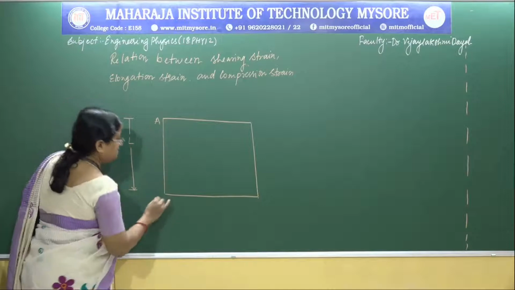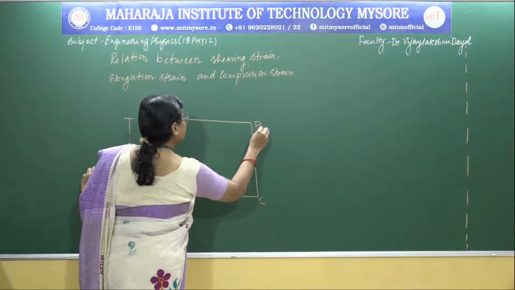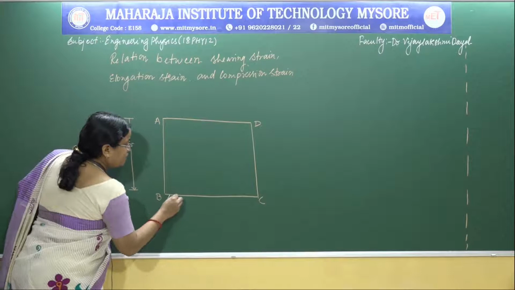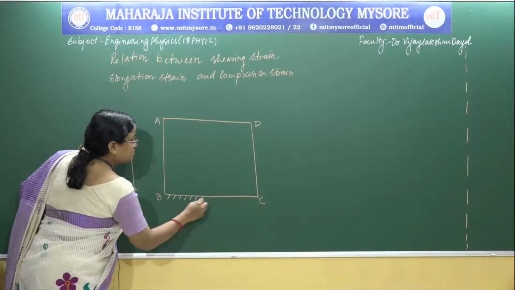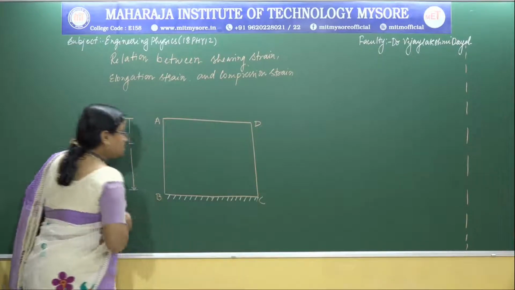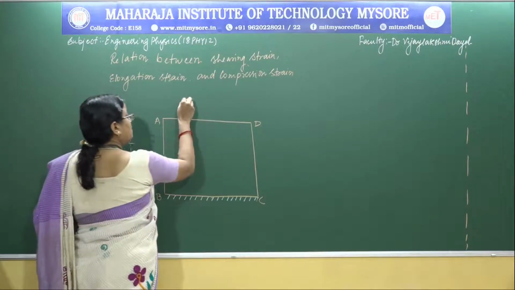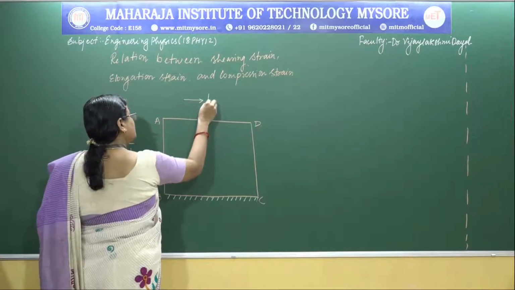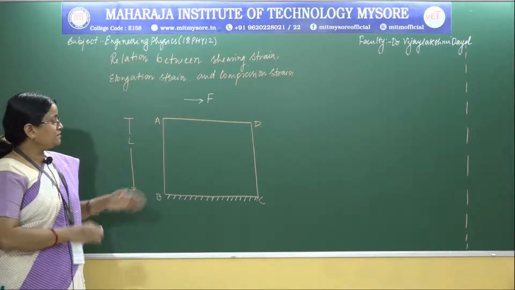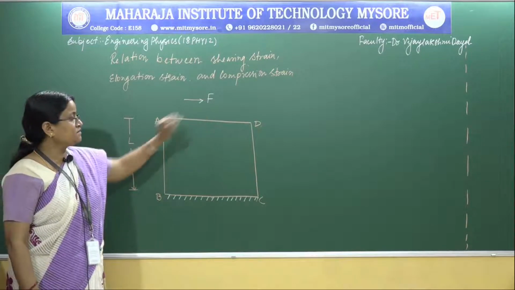So, name it. The bottom end of this face or the cube in all, if we consider, it is fixed with the rigid support, and on the above surface we apply a tangential force F, means the force along the surface.